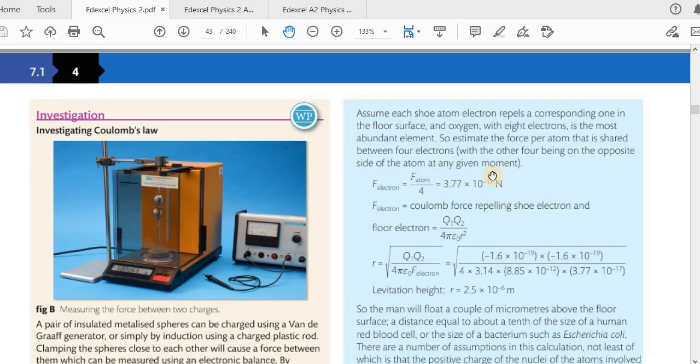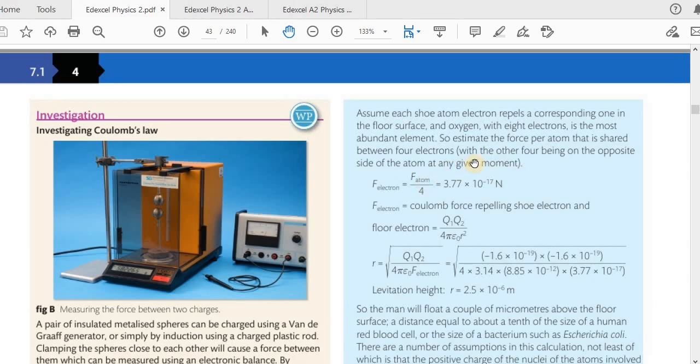Okay, so you have to imagine what is happening now. Oxygen has 8 electrons, so assume 4 are on one side and 4 are on the other side, because if you look at the atom, you can see only one part that is facing the floor or facing the shoe. The other part of the atom, we can imagine, is on the other side. We are considering the surface of either the shoe or the floor. So on one side you can imagine 4 electrons out of the 8, then on the other side you have the other 4.